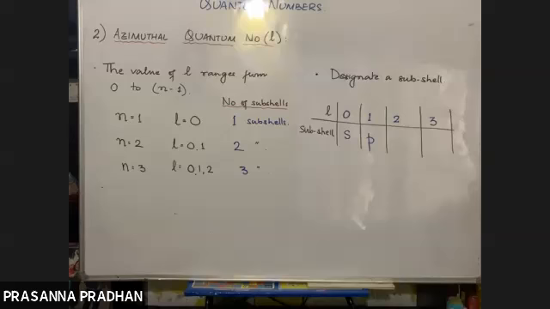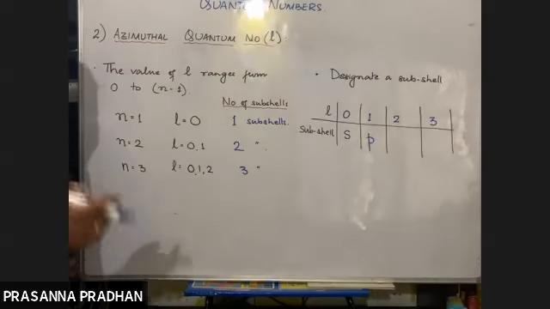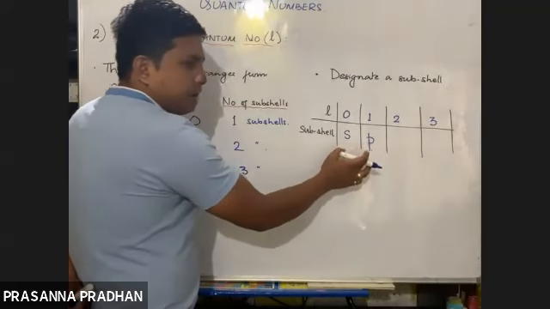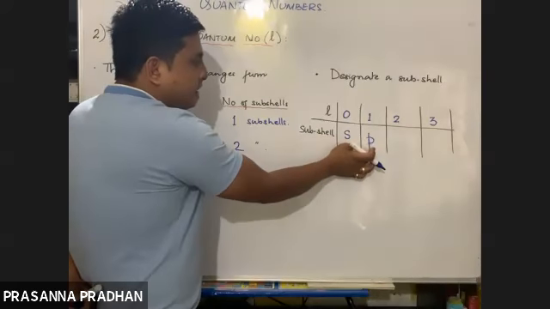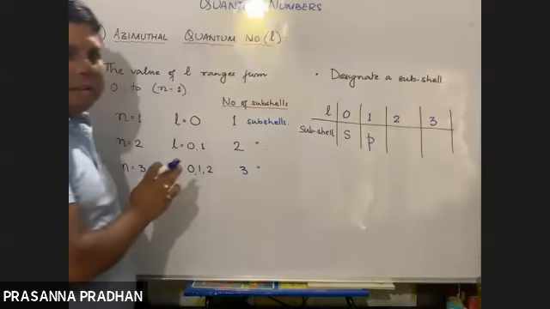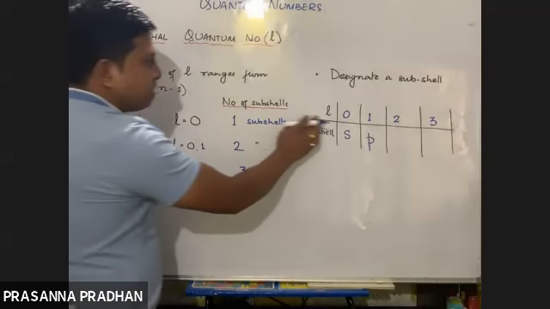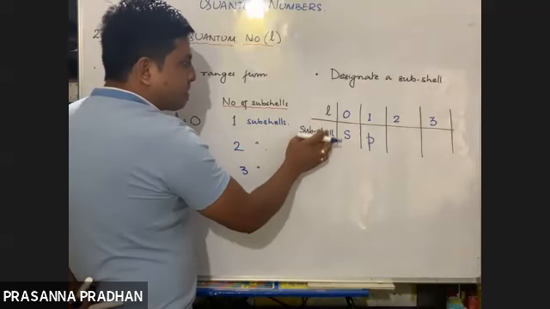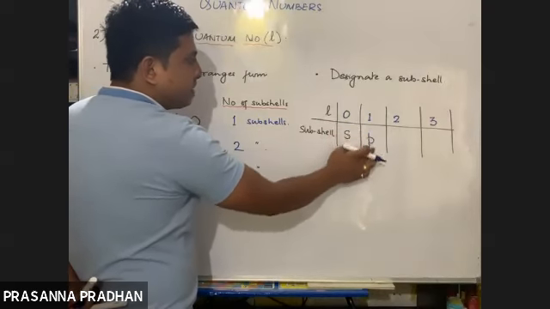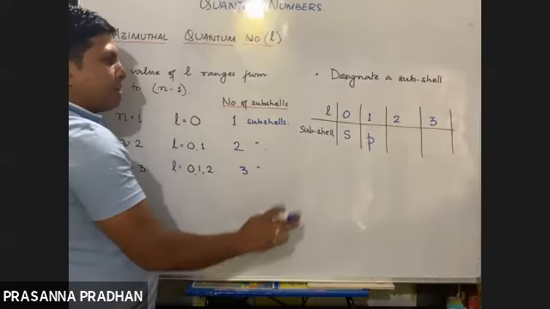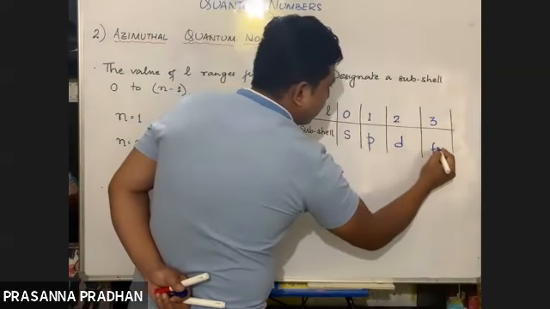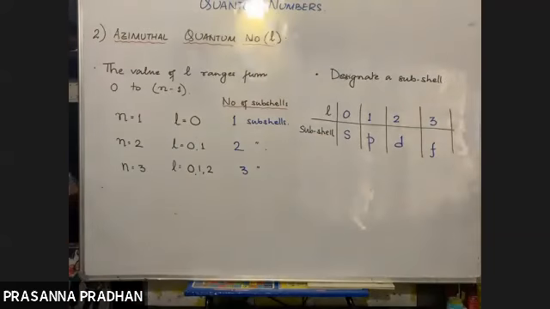Just as shells are designated by K, L, M, N, subshells are designated by s, p, d, f. And on what basis? On the basis of values of l. When l equals 0, that subshell is known as s subshell. l equals 1 is a p subshell. l equals 2 is d, then f, and so on.